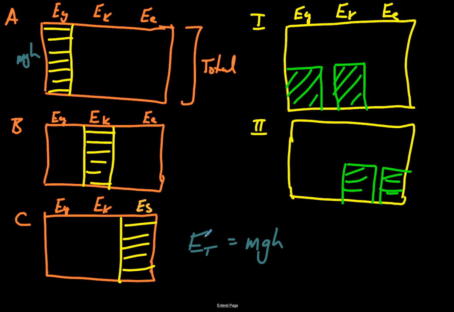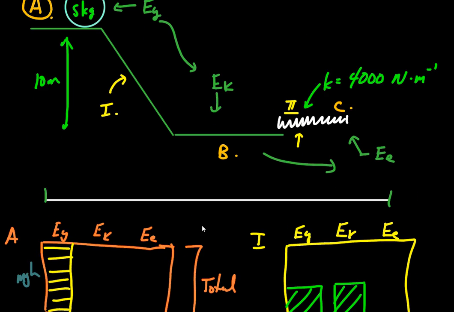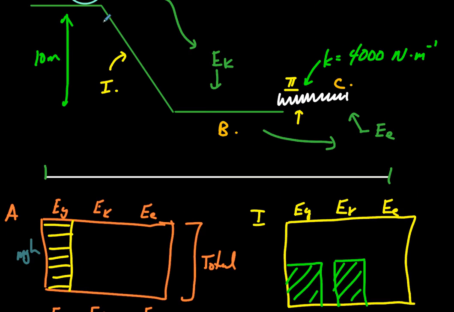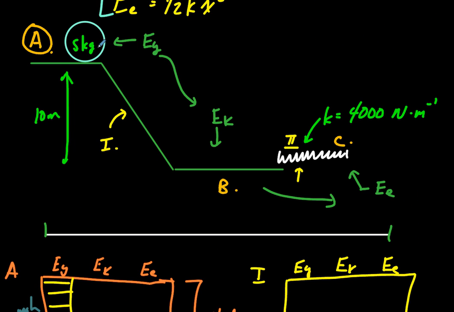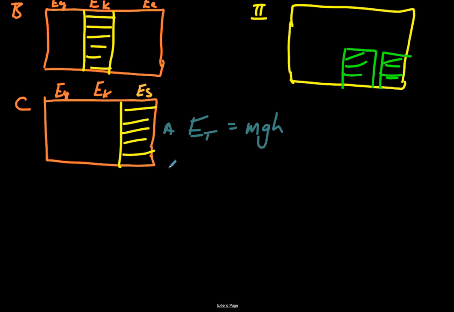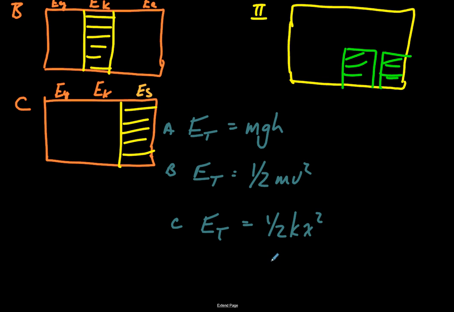Okay? That's the total energy of the system, right? We had to do work to load the system with energy by lifting this ball up here to begin with, right? So whatever work we did is the amount of energy that's available in the system to do other things, right? That also means then that at point B, the E total is now equal to 1/2 mv squared, okay? And then at C, the E total is equal to 1/2 kx squared.